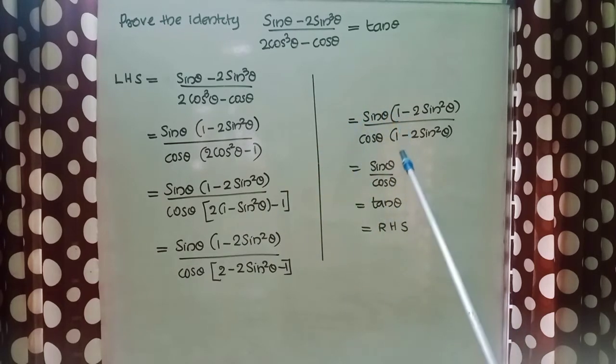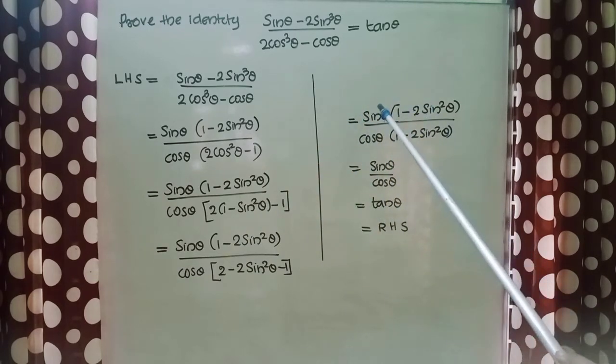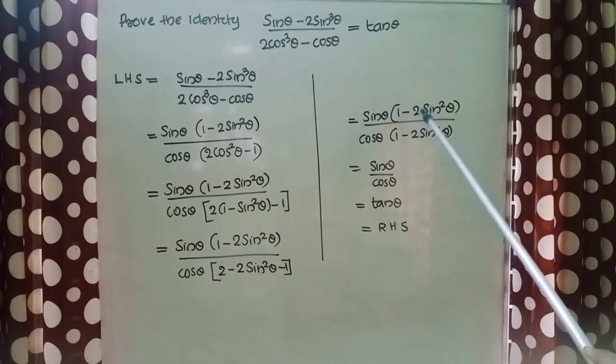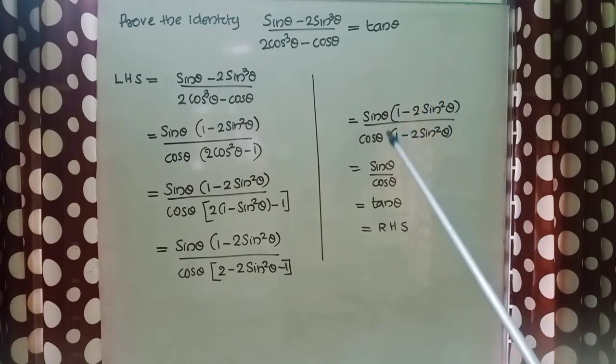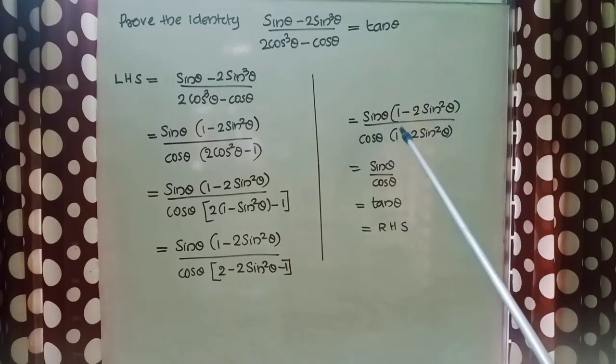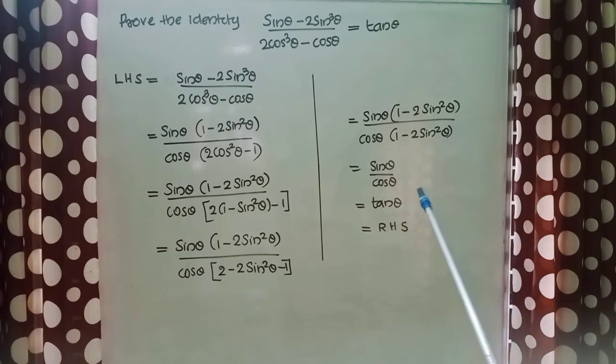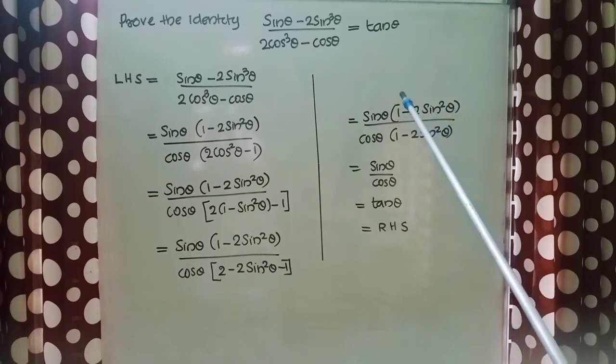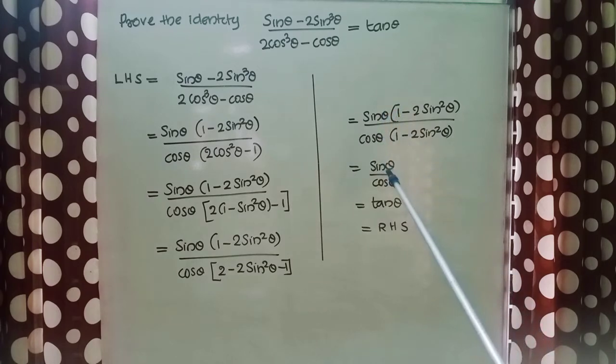So we get sin theta into (1 minus 2 sin square theta) divided by cos theta into (1 minus 2 sin square theta). Now let us cancel these two common terms. We get sin theta by cos theta, that is equal to tan theta. That is the RHS.